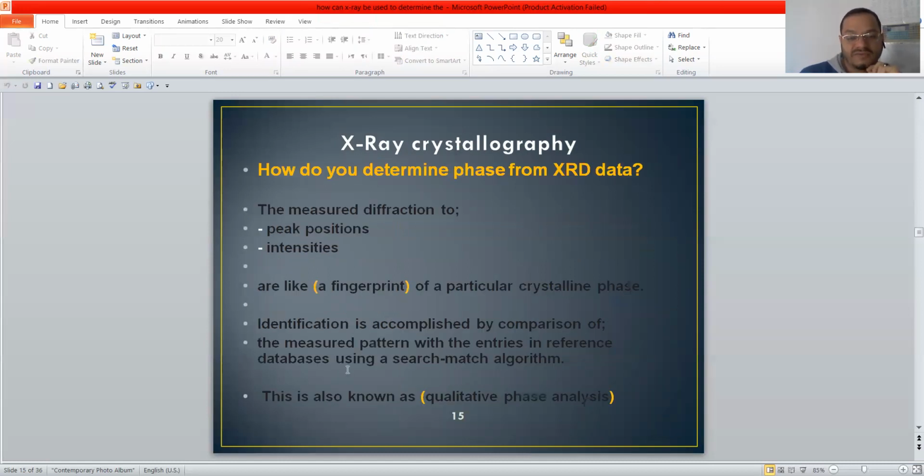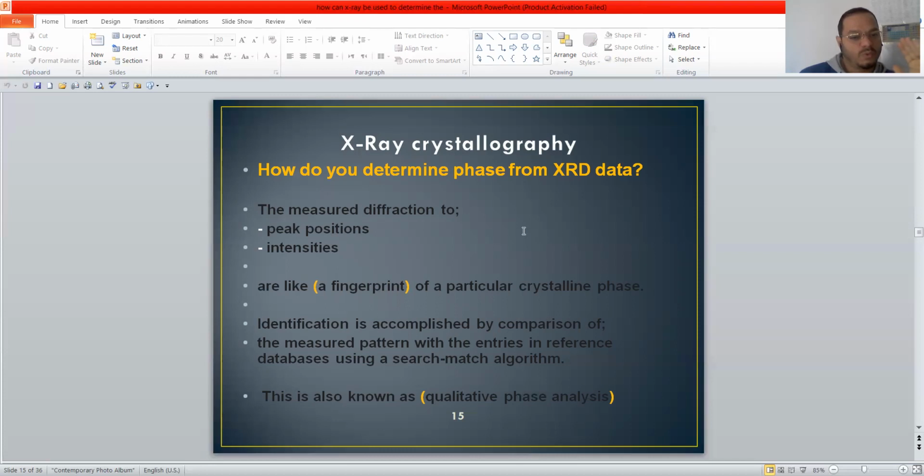How do you determine phase from X-ray diffraction data? The measured diffraction peak positions and intensities are like a fingerprint.